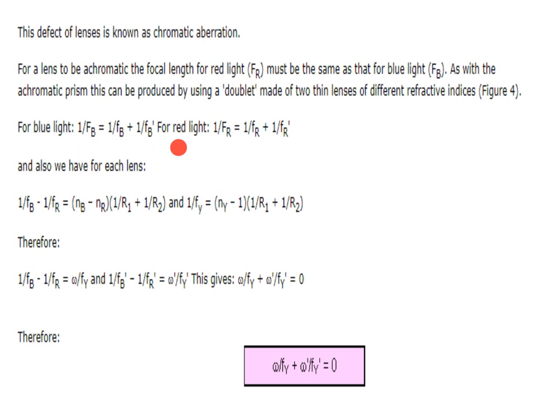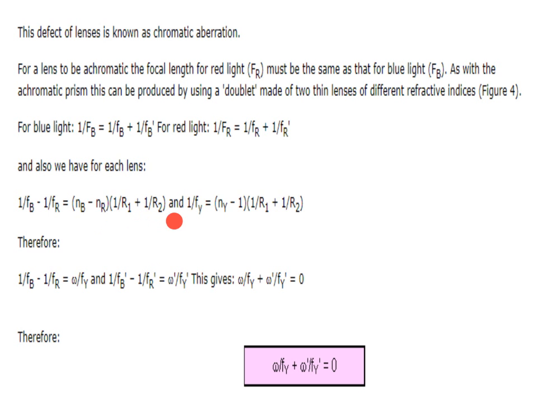Also for red light, 1 upon FR is equal to 1 upon FR plus 1 upon FR dash. So from these equations, for each lens, we have 1 upon FB minus 1 upon FR is equal to (NB minus NR) in one bracket, and in another bracket (1 upon R1 plus 1 upon R2).